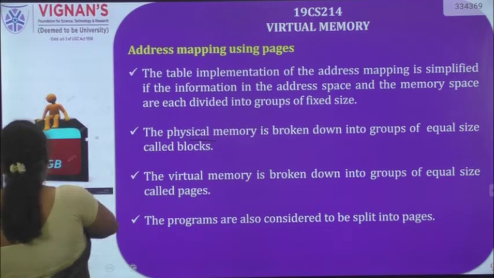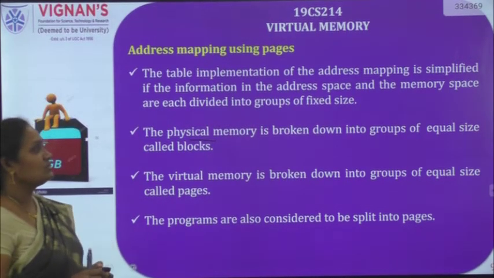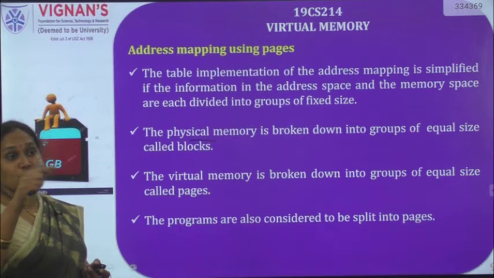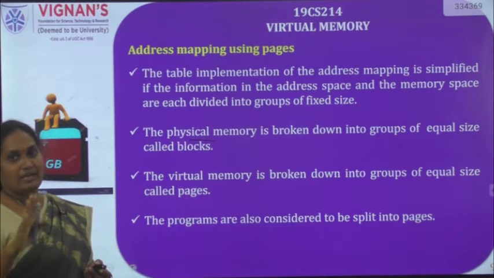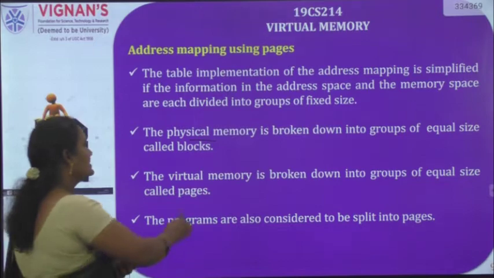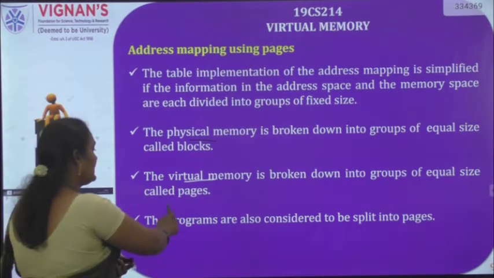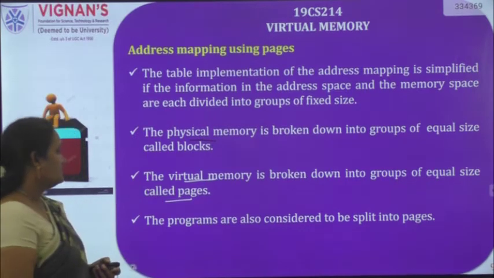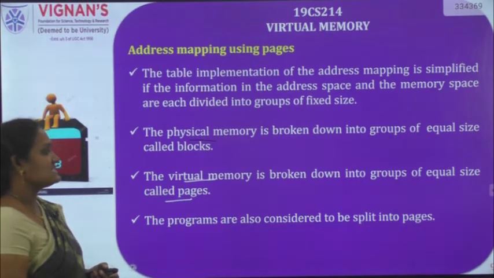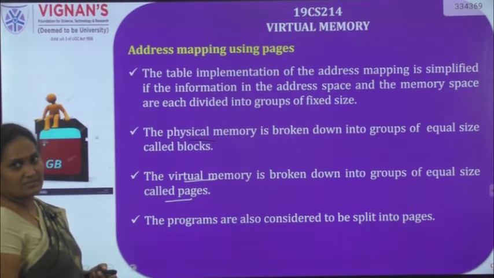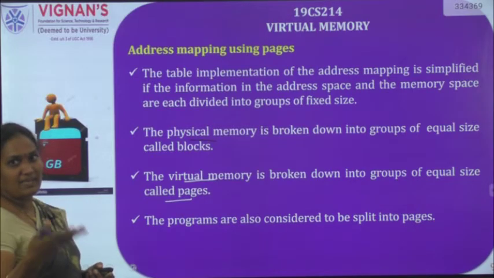The physical memory is broken down into groups of equal size, which are called blocks. That is, your main memory is divided into equal sized groups, which are called blocks. Your virtual memory is divided into equal sized groups, which are called pages. Programs are also stored based on pages only.